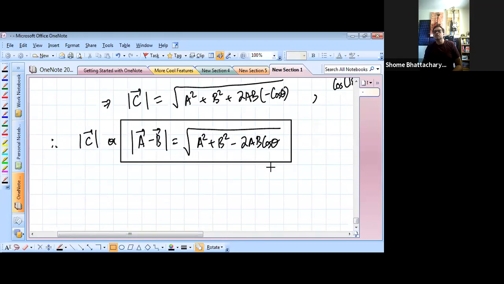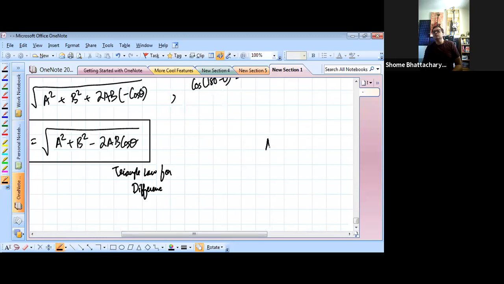Okay. So this is like the supplementary form of triangle law. This is the secondary or supplementary statement of triangle law. This is triangle law for difference of two vectors. Whereas earlier you had seen for the sum of the two vectors, you have the original form of triangle law, which is this.